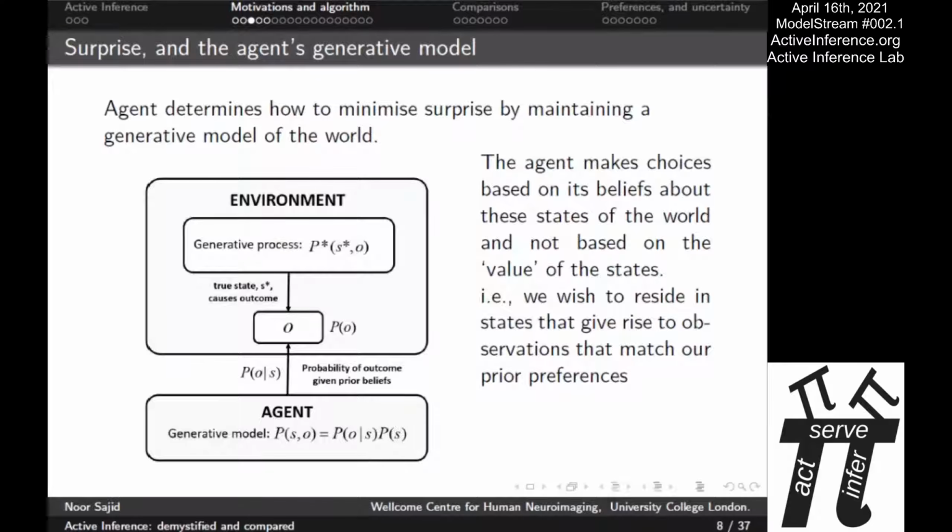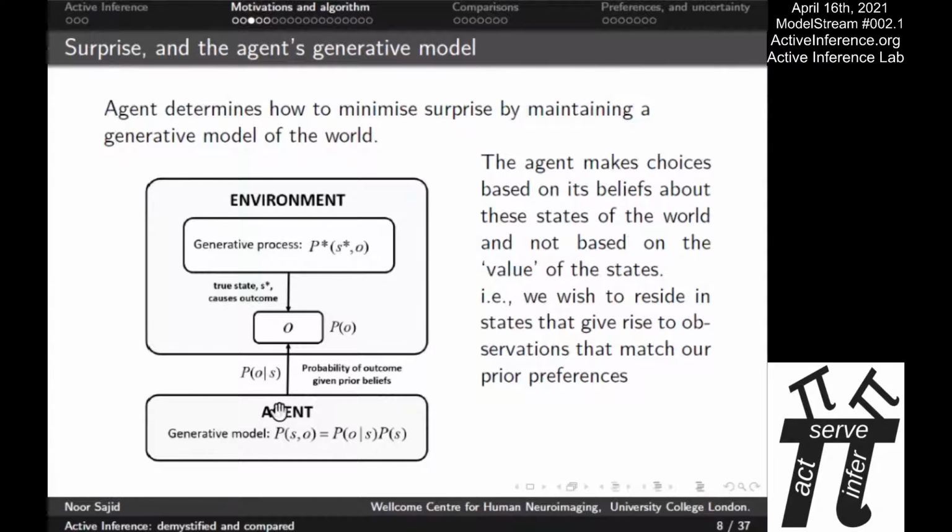Okay, so in active inference, the way the agent will actually minimize the surprise quantity that we just walked through is by maintaining a generative model of the world. And this is important because at any given point in time, the agent wouldn't necessarily have access to the true measurements of the current state of the world.